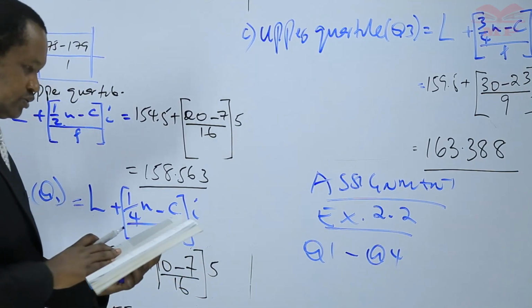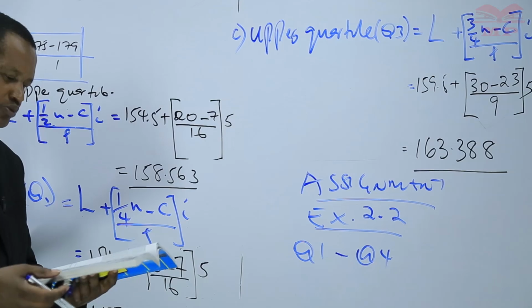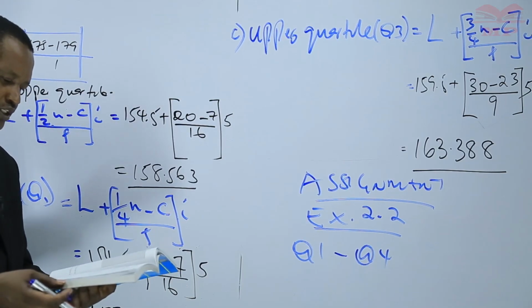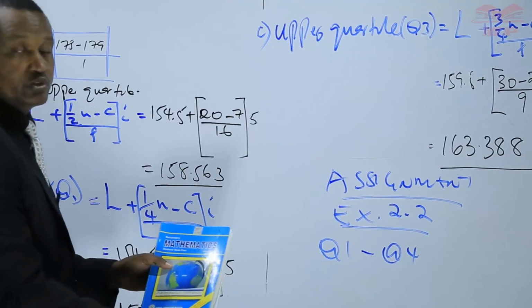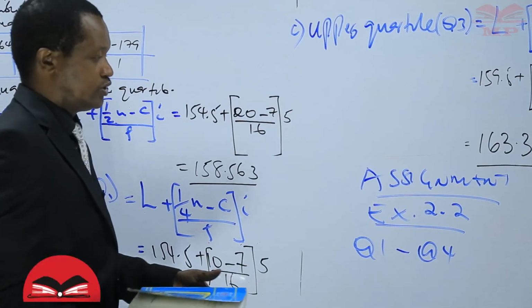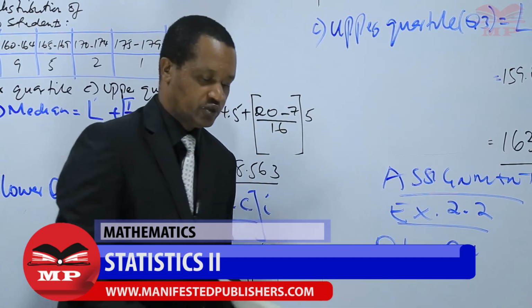This one requires the median and the lower and upper quartiles. This is Students Book 4. Go and do exercise 2.2, question 1 up to 4 only.